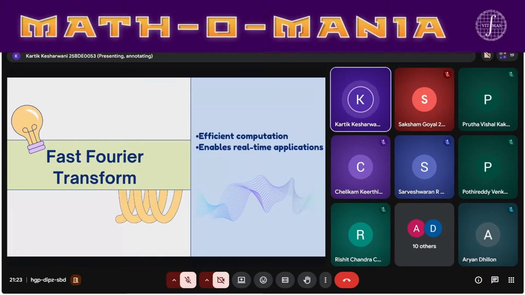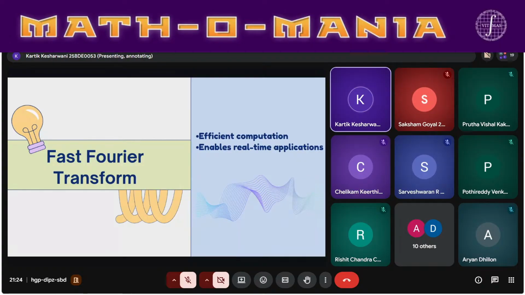Instead of calculating everything directly, it breaks the problem into smaller parts and reuses intermediate results. This significantly reduces the computational effort. In simple terms, if the DFT is like solving a problem step by step without shortcuts, the FFT is like recognizing patterns and using shortcuts to reach the answer much faster.